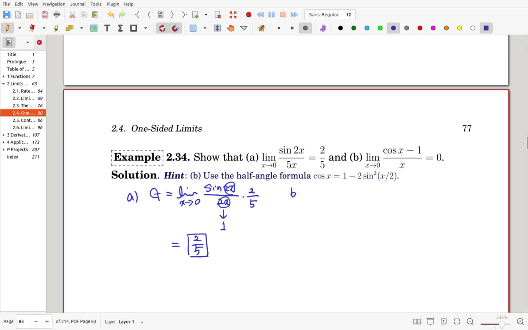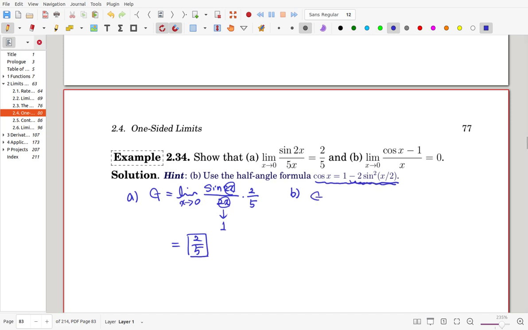Now let's go to B. Okay, now we'll try to use the half angle formula, so that cosine x minus 1 is the same as that one.